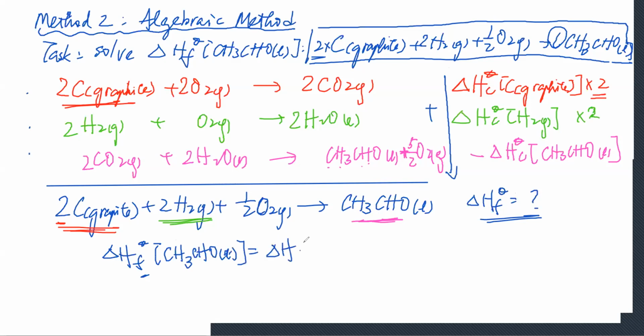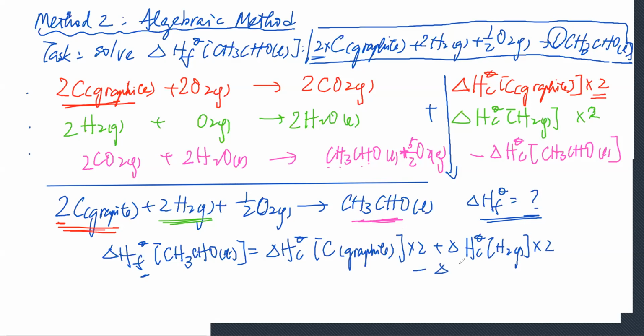Delta H of combustion of graphite times 2 plus delta H of combustion of hydrogen gas times 2 minus delta H of combustion of methanol. So you will get the same answer as method 1.